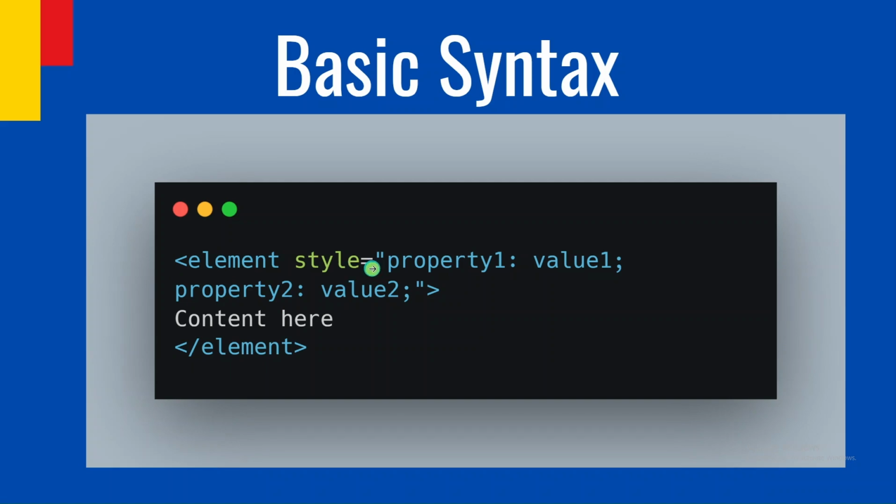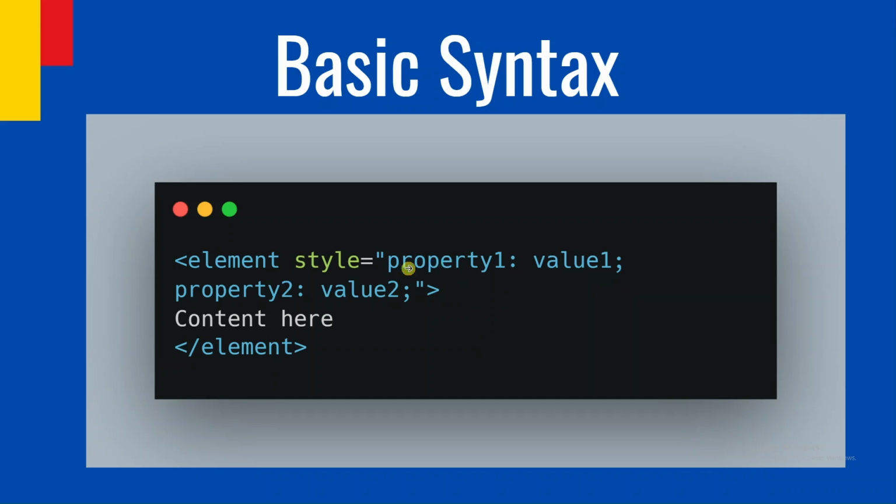Now we'll have our equal to sign, and in the quote we'll indicate the CSS property that you would want to style, then a colon, then specify the corresponding value. That will give us our first declaration.